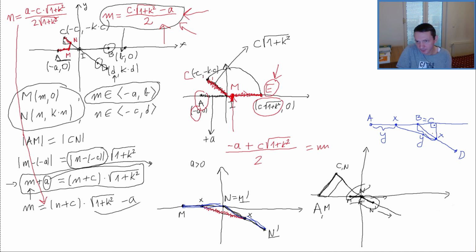Namely, if we denote this angle with phi, what we have here is that this length actually consists of two parts.